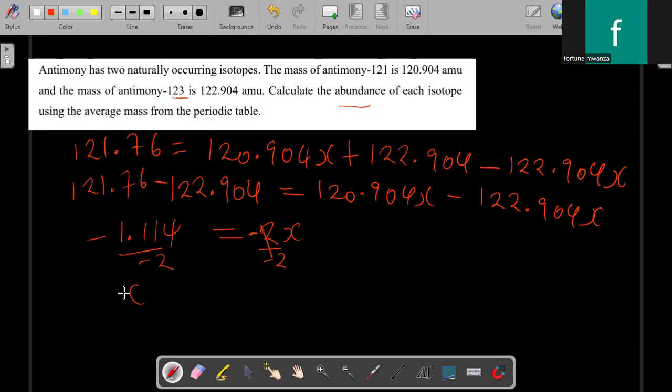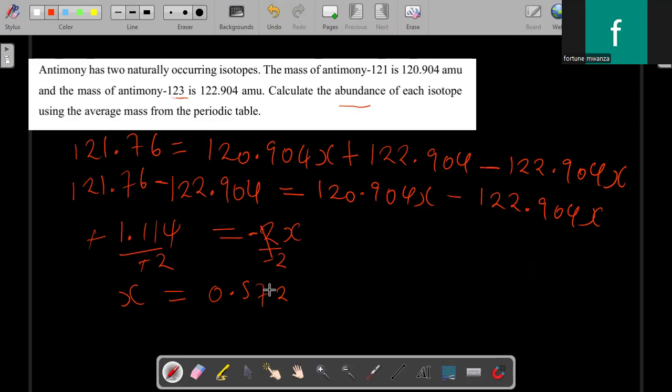So I get 1.114 divided by 2. My negative and my negative will cancel, so I'll remain with 0.572 as the value of x.